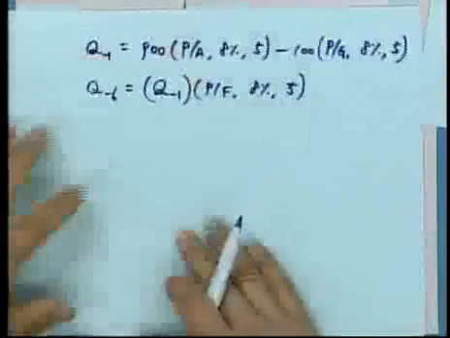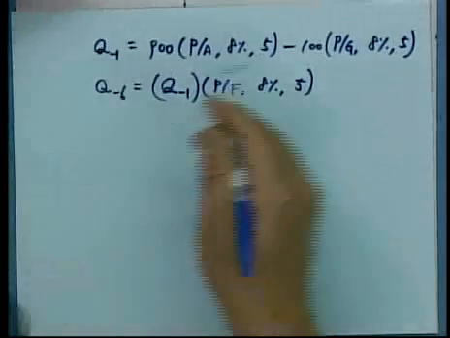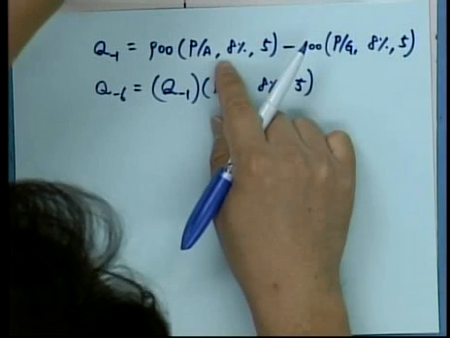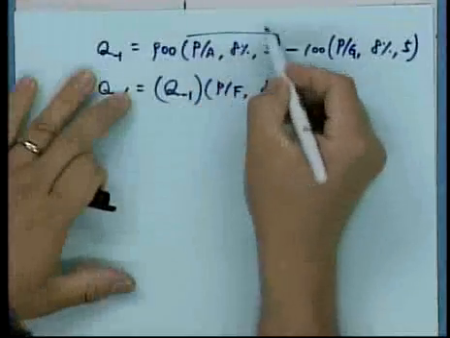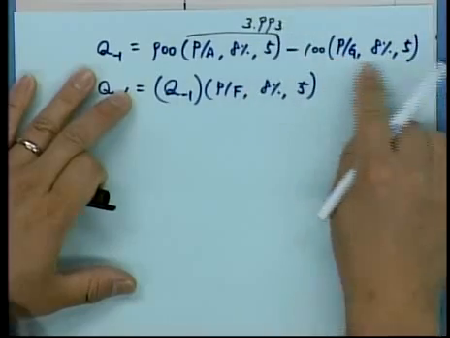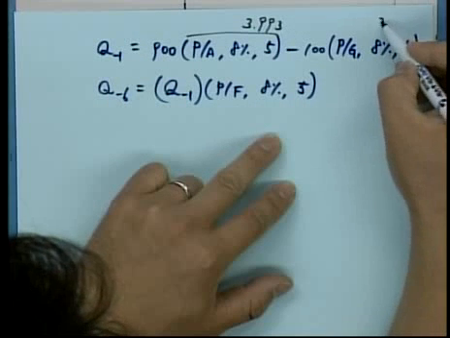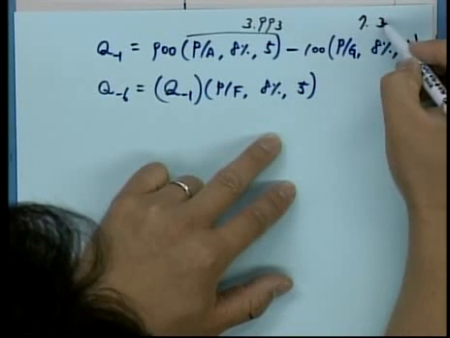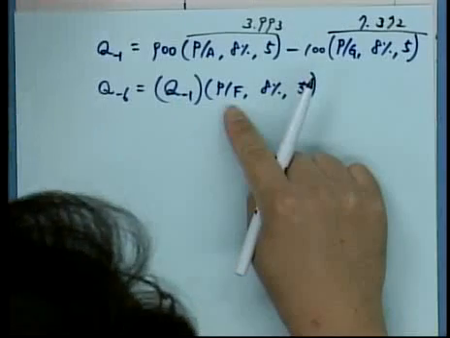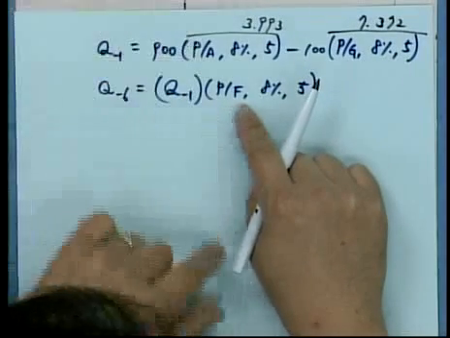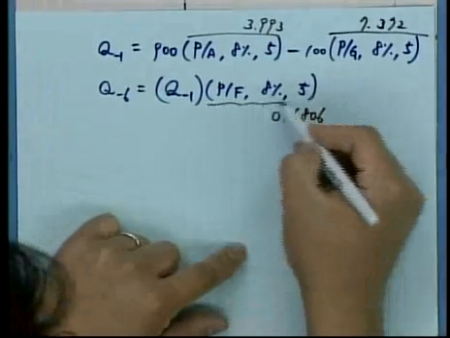Now go back to Q sub negative 1. Here P given A over 5 periods is 3.993, P given G over 5 periods is 7.372, and P given F over 5 periods is 0.6806. Okay.